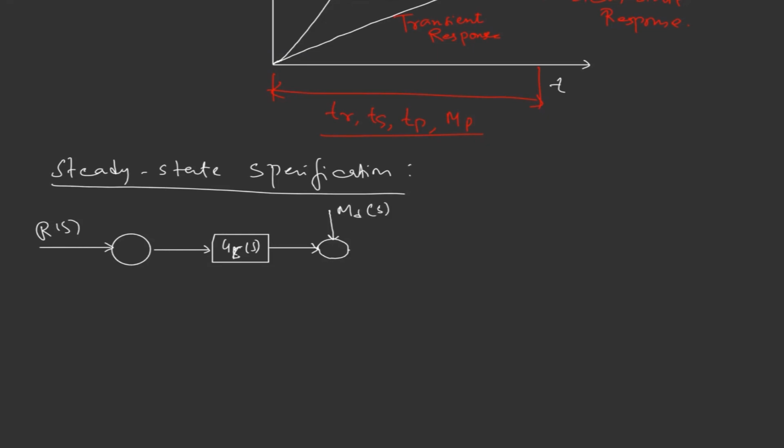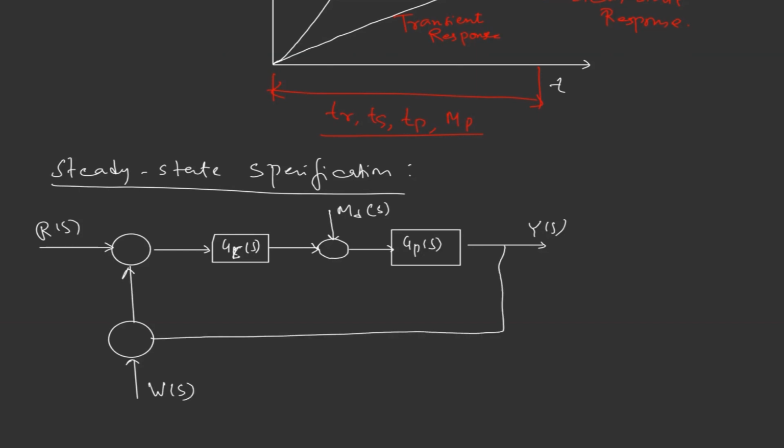This is the output from the summing point, and this is our GP of S, the plant, with output Y of S. And this is another summing point where noise is acting, and this is unit feedback, with plus, plus, negative, plus signs.